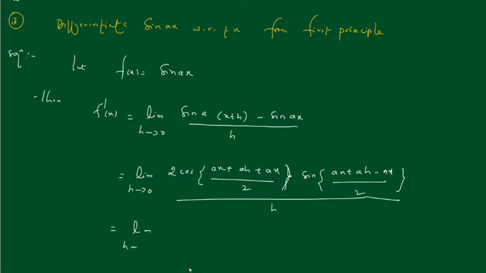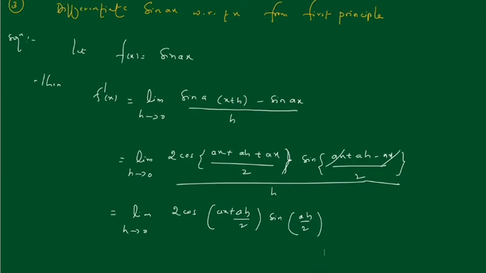So limit h tends to 0, 2 cos of (ax plus ah by 2) sin of (ah by 2), plus x minus ax get cancelled.